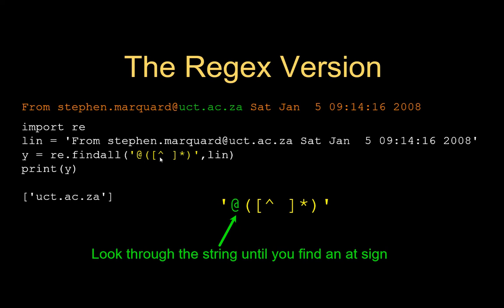So here we have square bracket, caret, space, and a square bracket. What it means is whatever which is not blank. So after @, whatever which is not blank, it can be 0 or many of it, and that's what we are interested in.